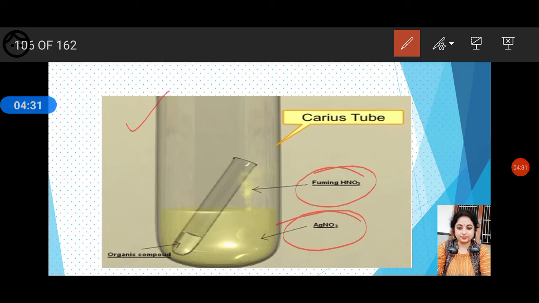Okay, so 0.15 to 0.2 gram is accurately weighed in a small narrow weighing tube which is slipped into the Carius tube. You can see another tube is here. This will contain our organic compound, and this will be slipped in this big tube, that is also known as Carius tube.